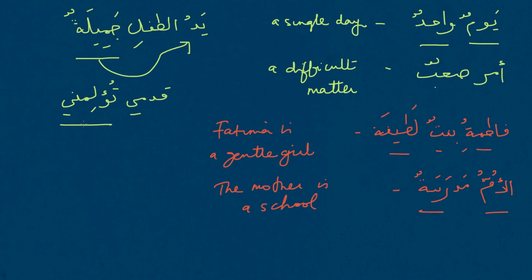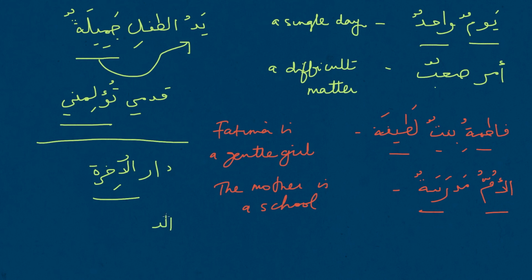طيب, and finally, for the limited number of nouns that we considered as feminine, we can make the sentence Darul Akhirah, or the phrase Darul Akhirah, the hereafter. So Al Akhirah is in the feminine form.